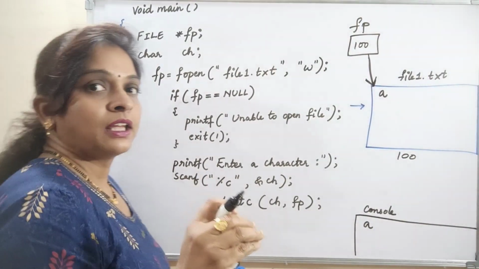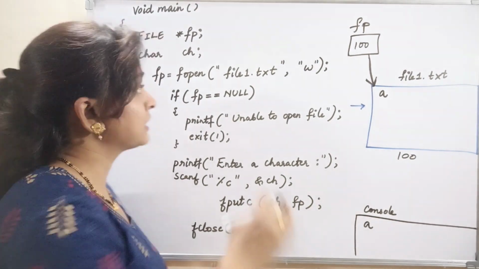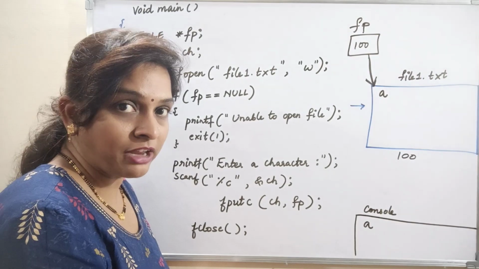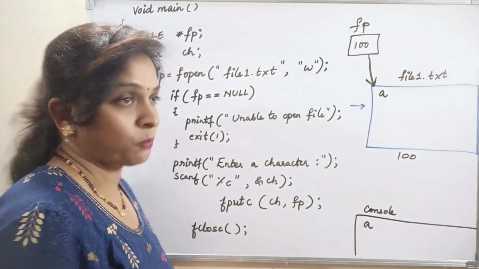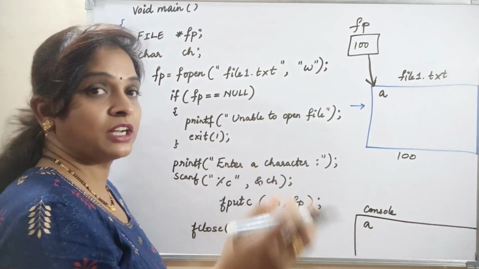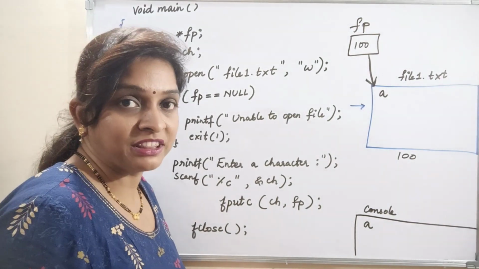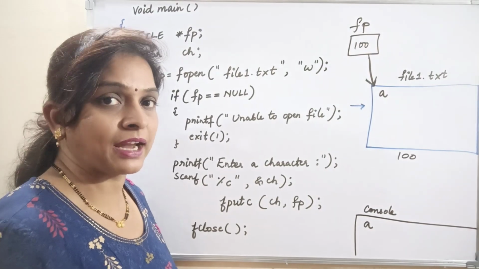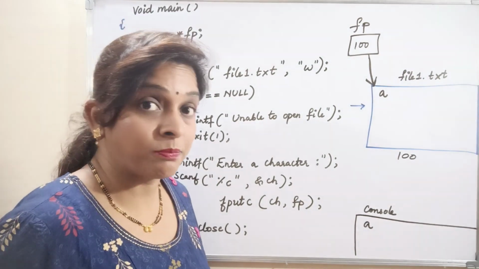Then if the file pointer is not pointing to any file, meaning it is equal to NULL, I need to check that also. If the file pointer equals NULL, then I should get a message that it is unable to open the file. Then exit(1); 1 means that with some warning I get a message saying that the file could not be opened.